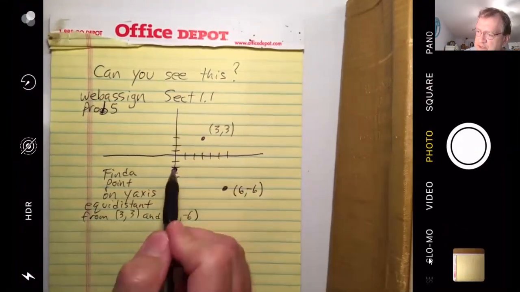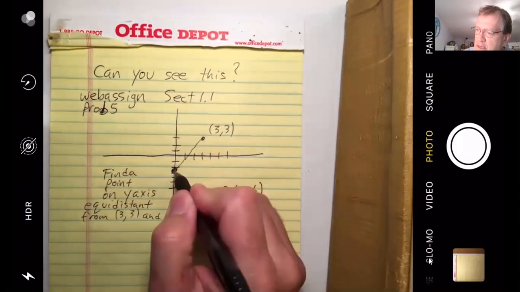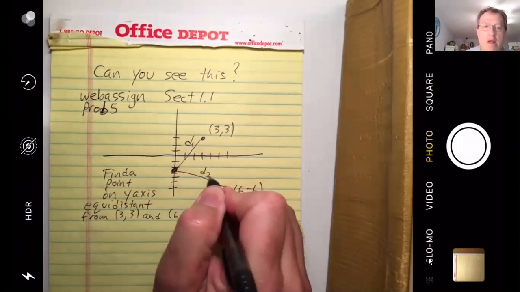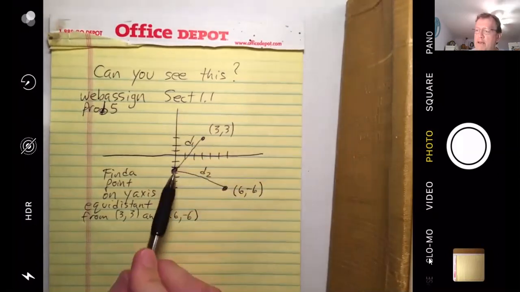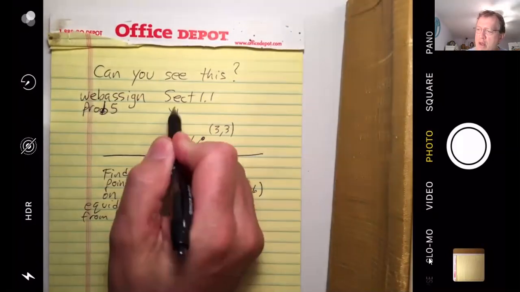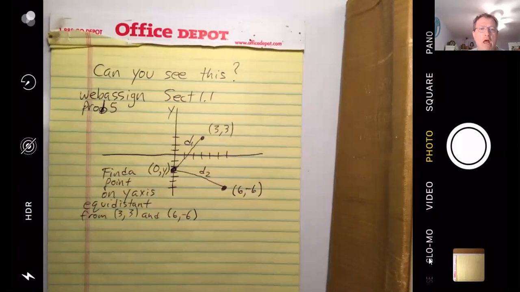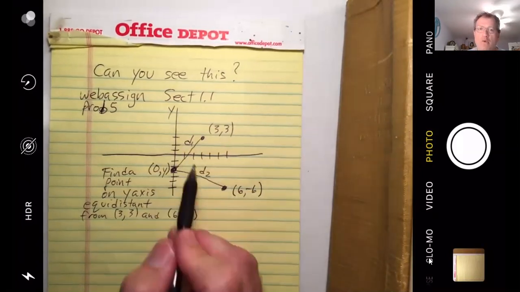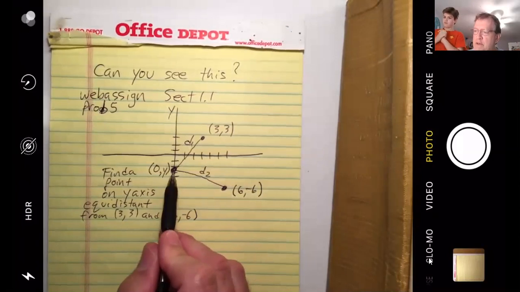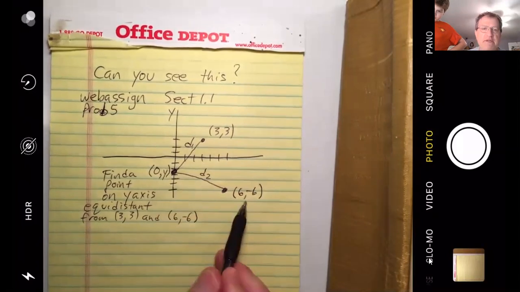All right, you can see there's got to be some point here, and if you draw lines connecting these, we can call this D1 and D2. There's got to be some point. It'll have x coordinate 0, but y, where D1 will equal D2. So this point on the y-axis is the same distance from 3, 3 as it is from 6, negative 6.